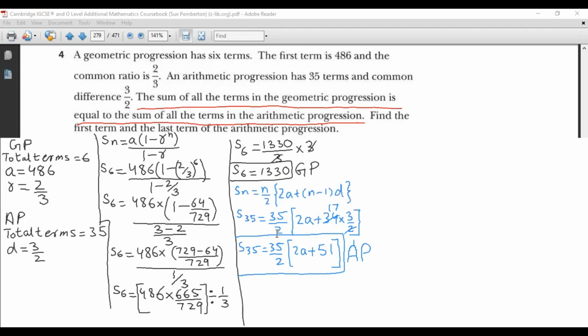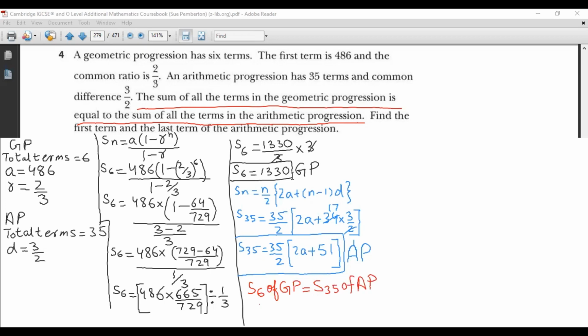So what we are going to do over here, let me just show it. S6 of GP will be equal to S35 of AP.